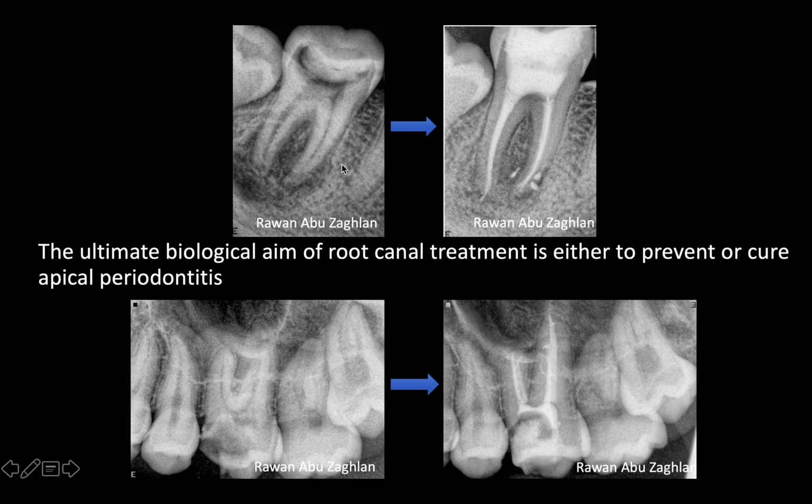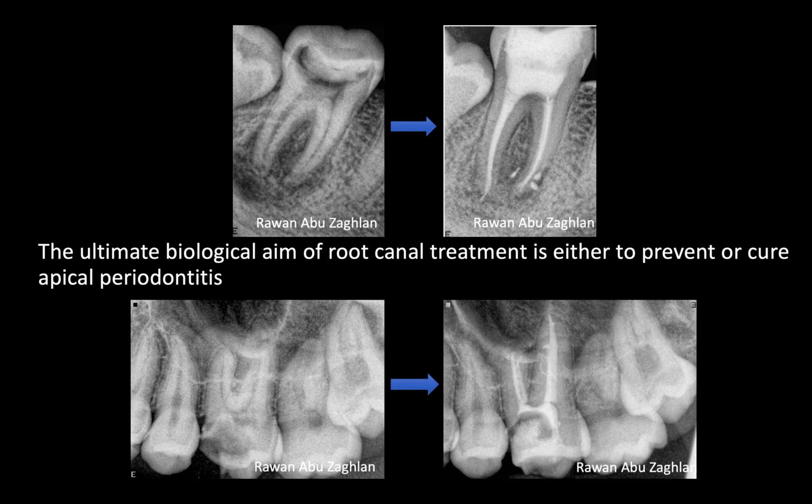If apical periodontitis is already established, we want to do an endodontic treatment to induce healing, or if it's not there, we want to prevent the formation of apical periodontitis. The surgical and non-surgical techniques have the same aim, but the technique is somewhat different.